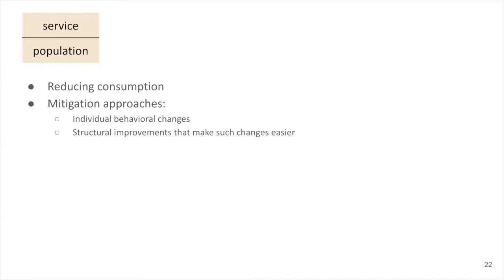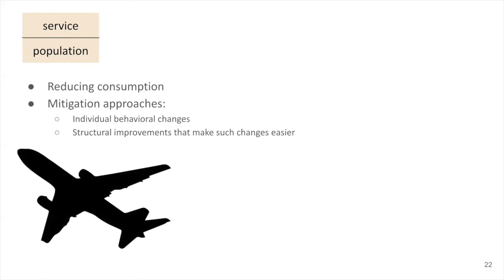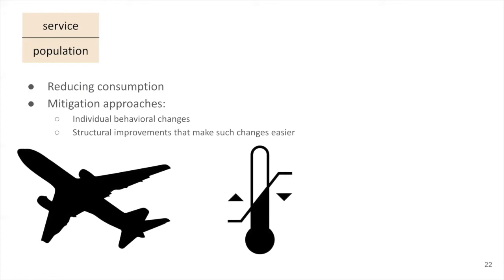One example that is really prominent here is aviation, where behavioral changes can have a large impact. But also such things as setting your thermostat to a higher temperature in the summer in order to use less energy from air conditioning can be such behavioral changes for service per population.